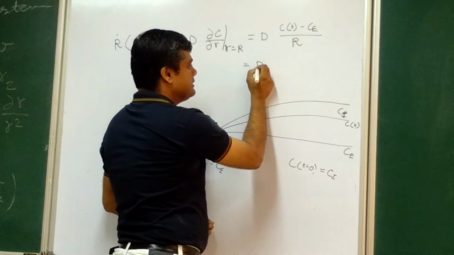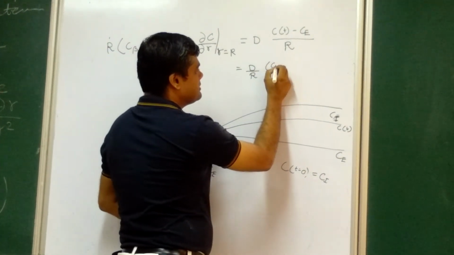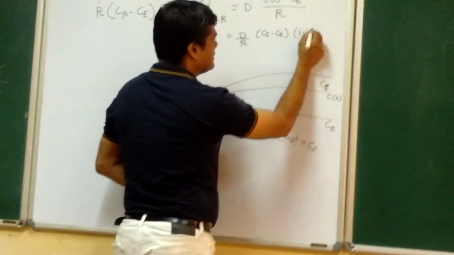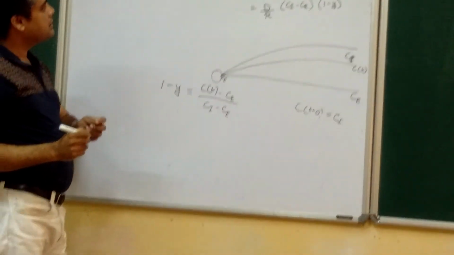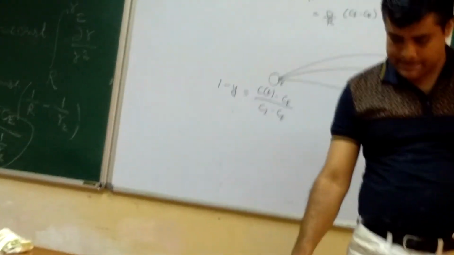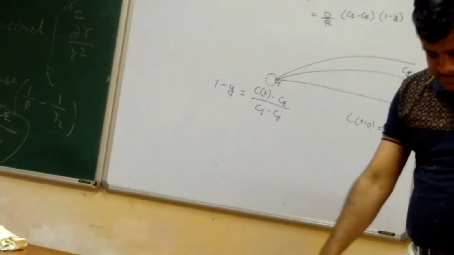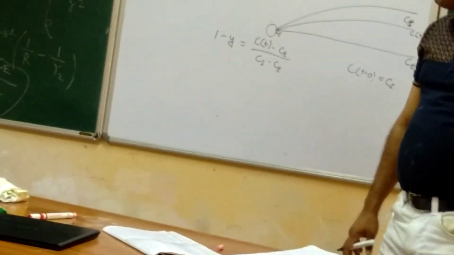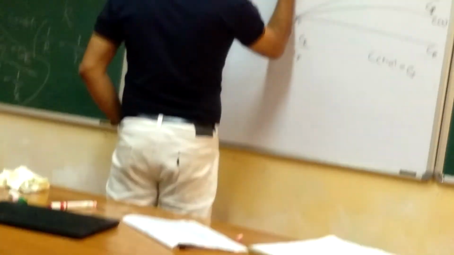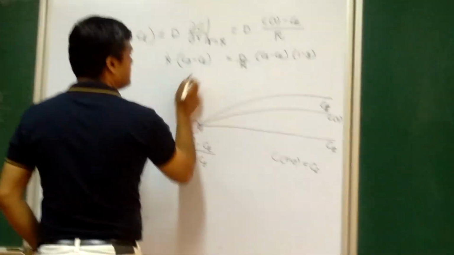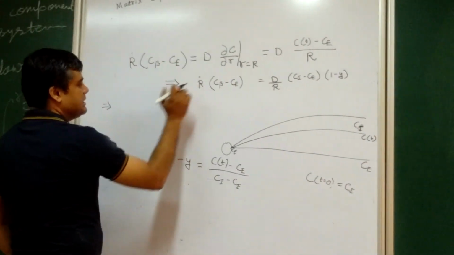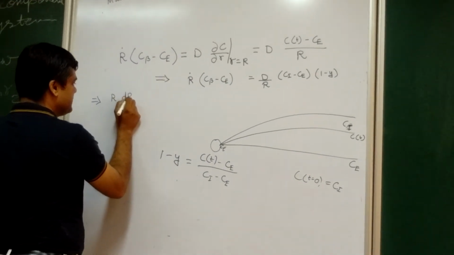So we can write D over R. This is our R dot C beta minus C. I can take this R here, so R dR dt.